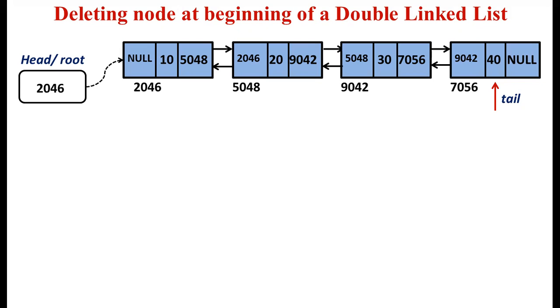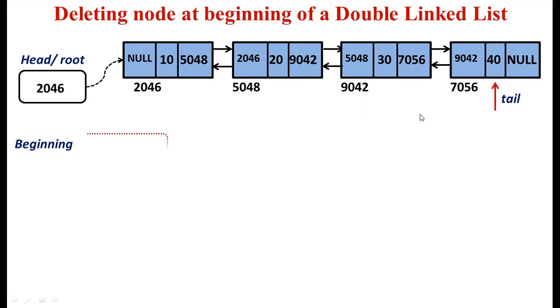You can see that the previous pointer of the first node is null, and the next pointer, that is the right node of the last node, is also null. Deletion of a node means we delete the node or disconnect the link between the nodes. The first case is deletion at the beginning.